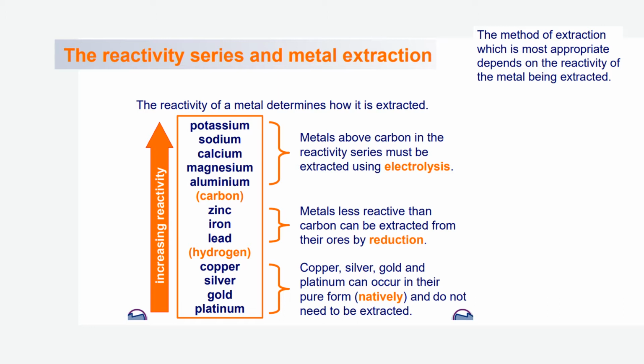Metals less reactive than carbon can be extracted from their ores by reduction. Copper, silver, gold, and platinum can occur in their pure form, or natively, and do not need to be extracted.